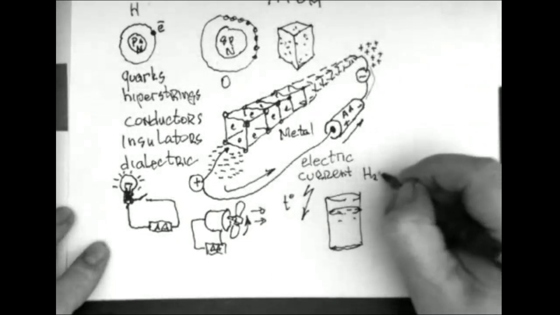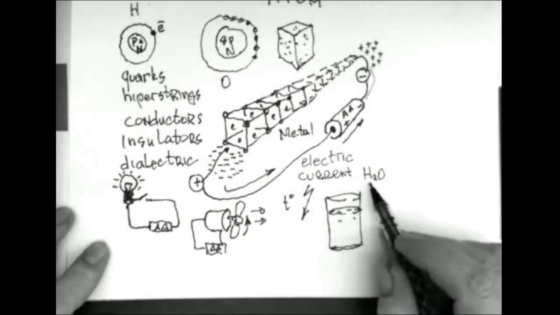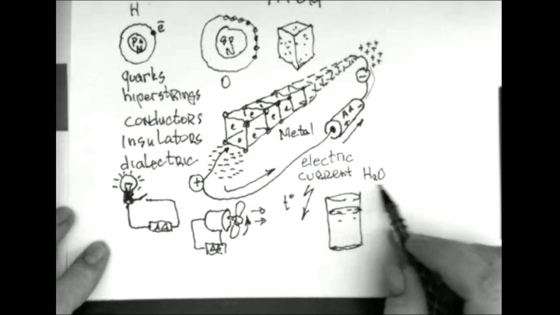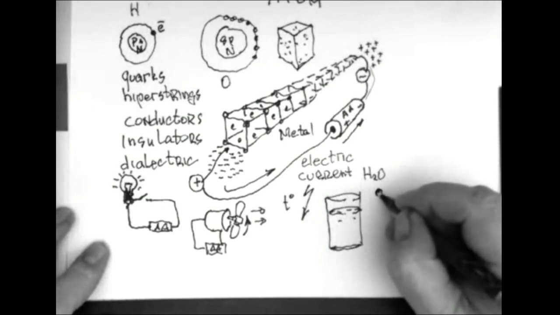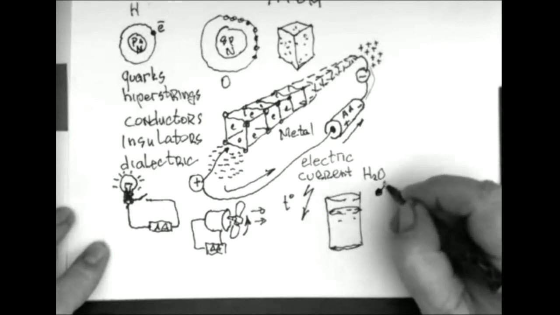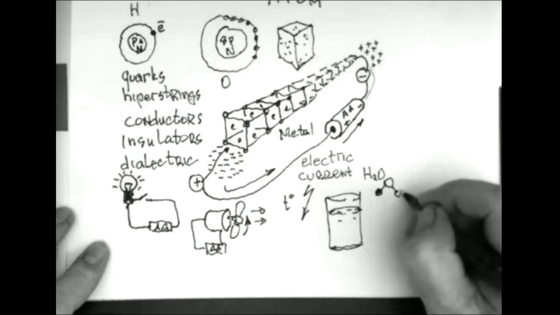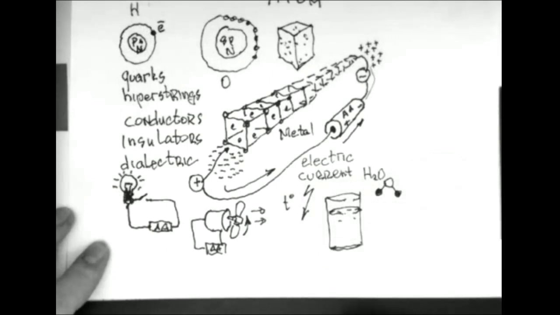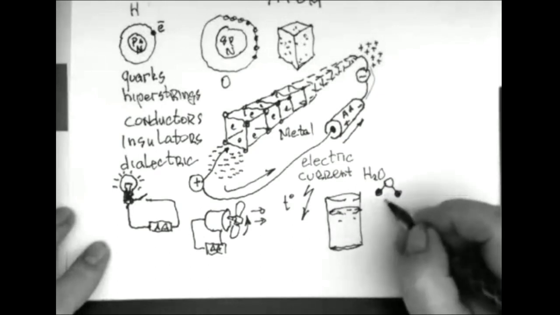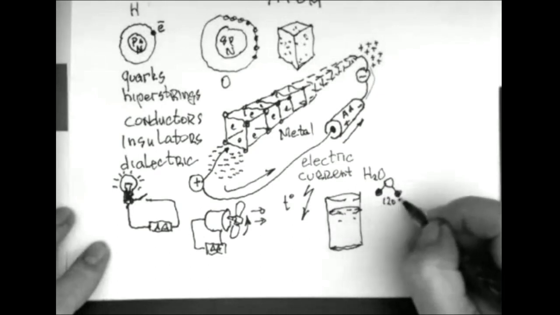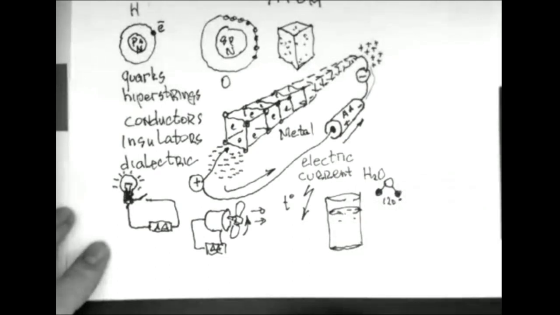It's H2O, two atoms of hydrogen and one atom of oxygen. When they are connected, they look like this. This is a small atom of hydrogen, that is oxygen, and another hydrogen. So the geometry is like this. It's 120 degrees.